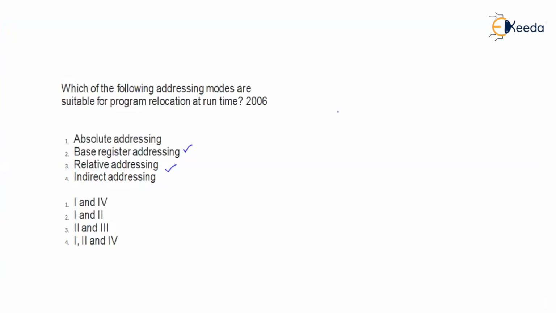For example, in your program, from the 25th location, you need to jump to the 50th location. Now this 25th location is within the program when you are writing the program. But when it gets located in the main memory, you don't know from which location it is going to be stored. So for that reason, we use a base register addressing mode in which there is a base register.